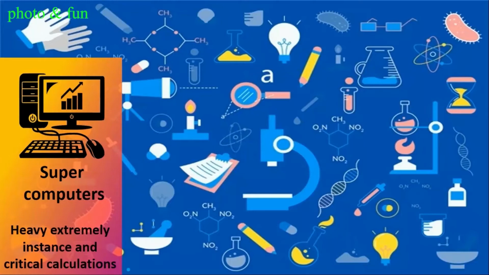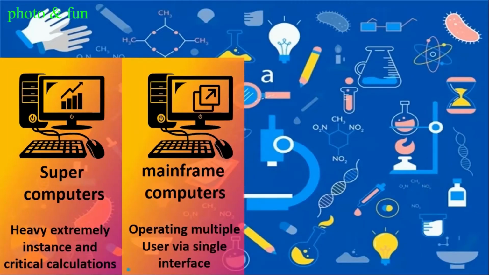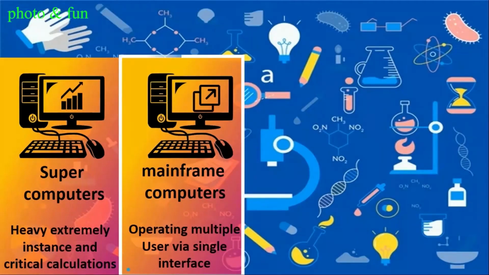So in short we can say that it handles heavily intense and critical calculations. The next one is the mainframe computer. The mainframe computer is a computer that operates multiple users via a single interface.